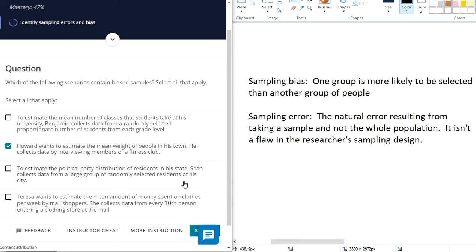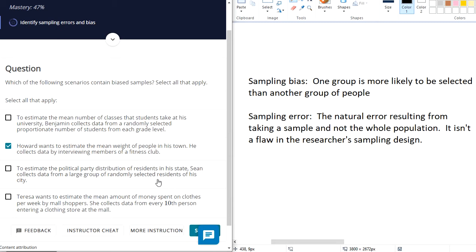To estimate the political party distribution of residents in his state, Sean collects data from a large group of randomly selected residents of his city. So Sean's got a large group of randomly selected residents of his city, but that's just his city, right?